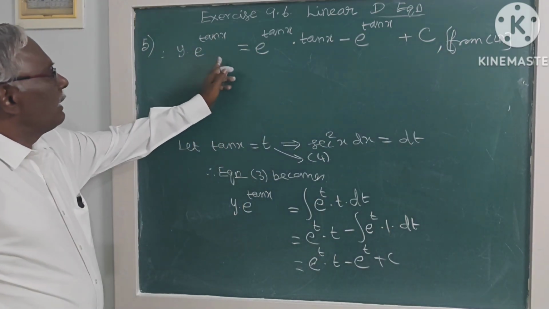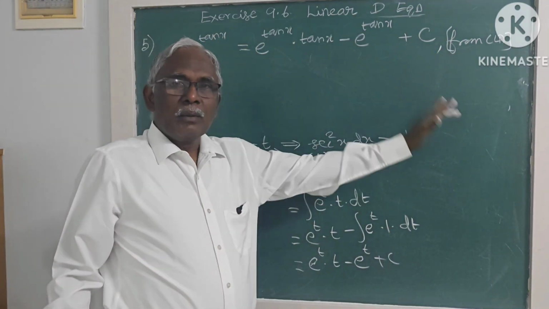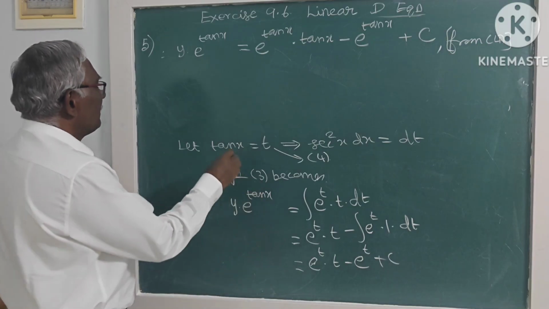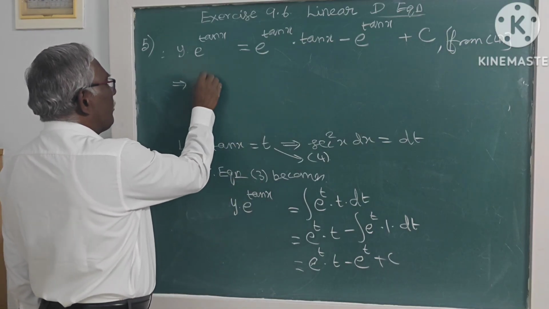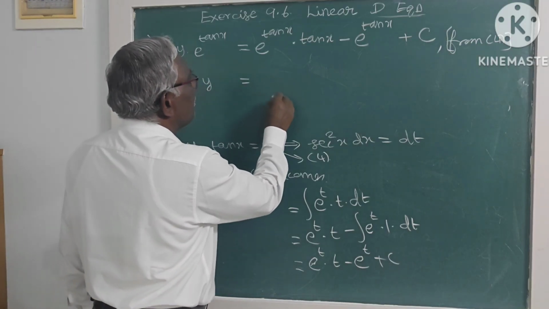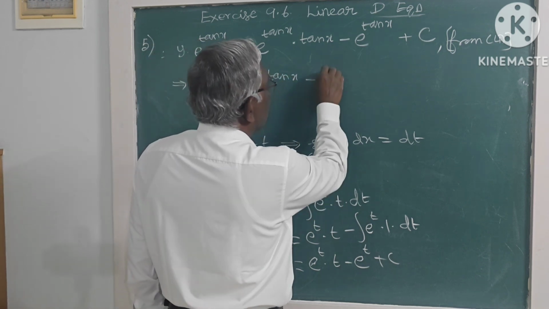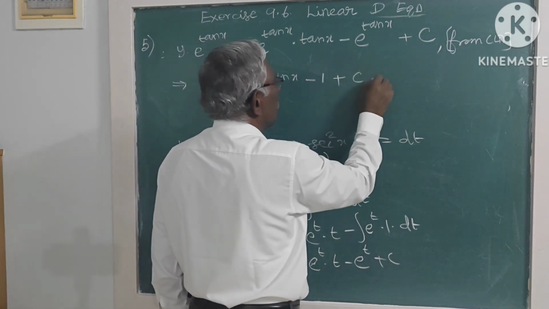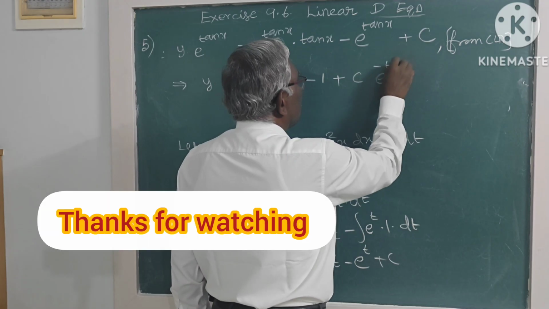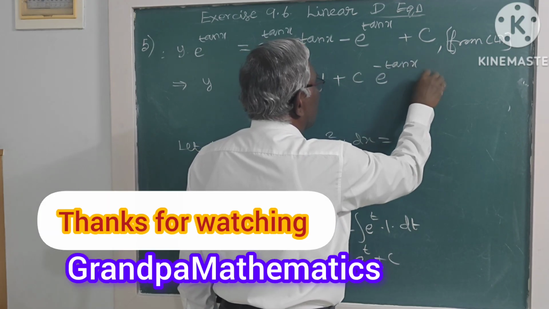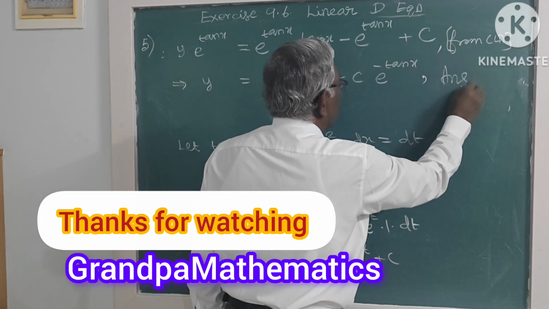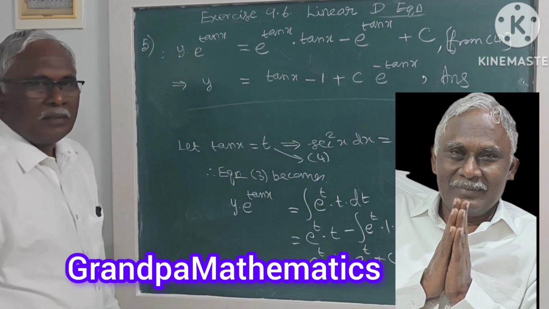Now we'll divide throughout by e power tan x, we get the result. So this is the general solution.